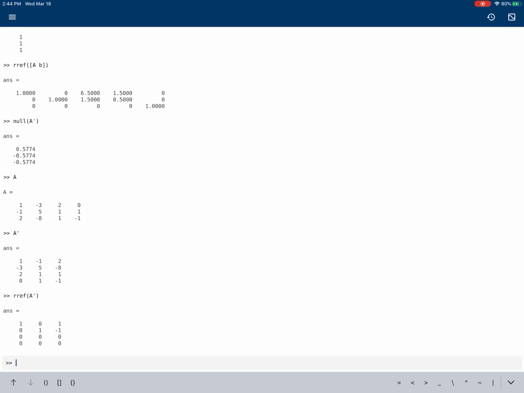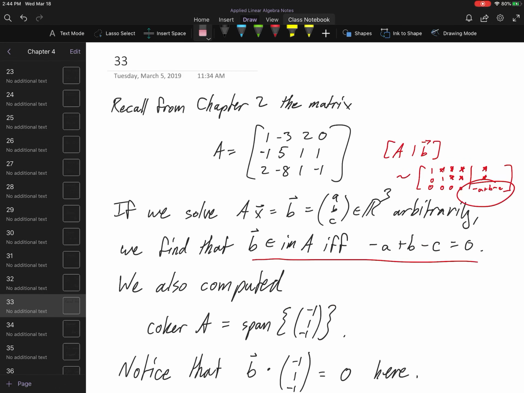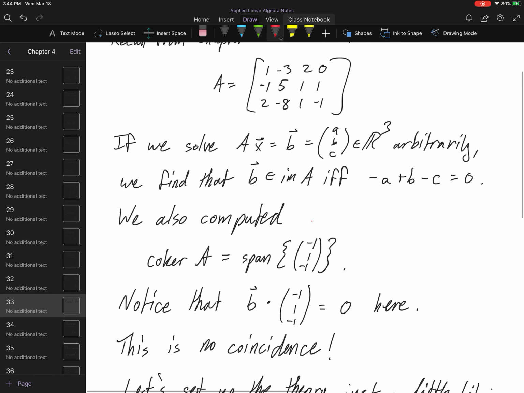So A transpose is that guy, and if I were to RREF A transpose, I'll get something like that. Either way, the null space here you can compute. We'll go ahead and give you some vector here, and I'm not entirely sure what went wrong with the calculation, but I'm going to skip it for the moment because my notes are still valid with or without that being correct.